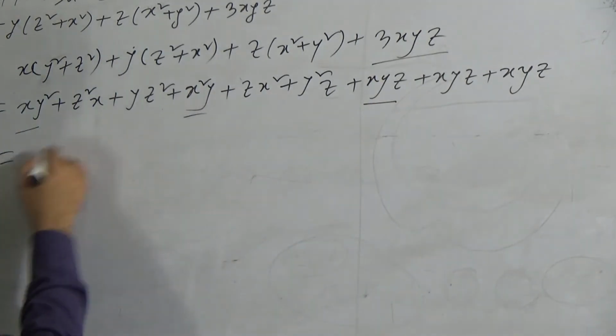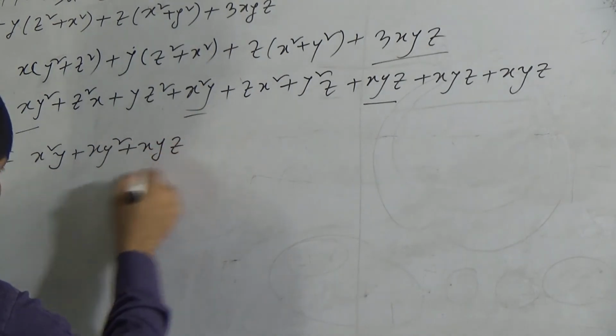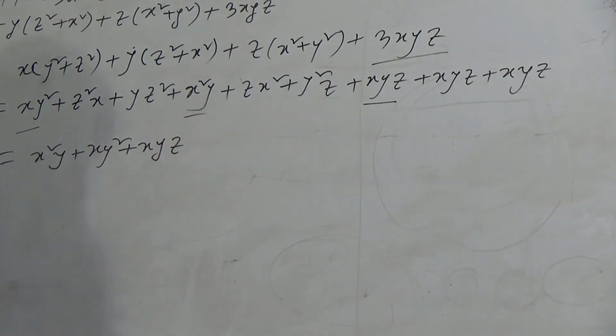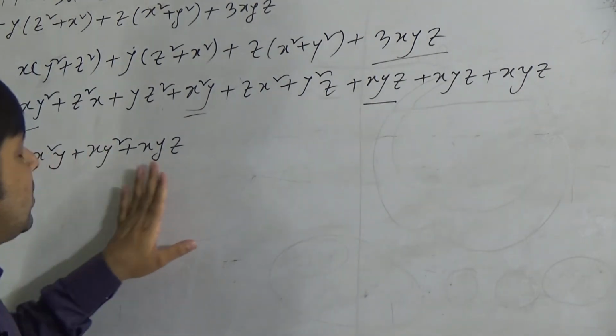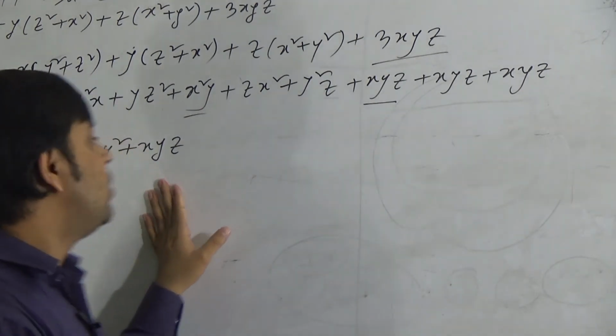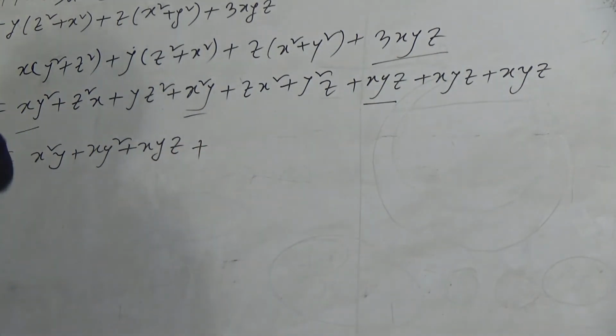If we take these 3 in this way, x square y plus xy square plus xyz, and take xy common from these 3 terms, in the first term x will remain, in the second term y will remain, and in the third term z will remain. So if we take common, we will get x plus y plus z.